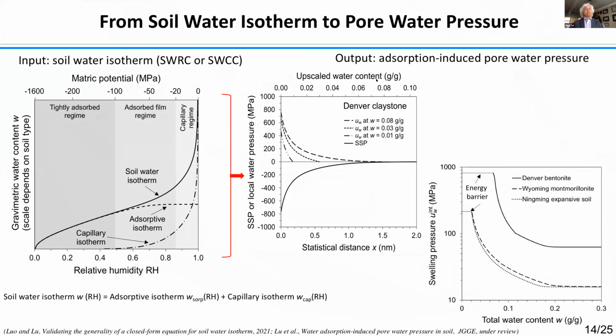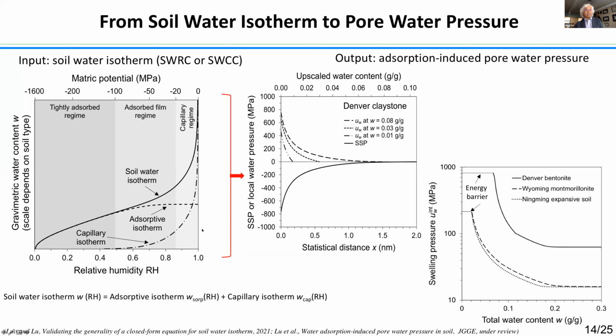Once you measure this experiment called isotherm, the soil water retention curve, the theory would divide that into two unambiguous parts, precisely the adsorption part of the isotherm and the capillary isotherm. For the capillary isotherm, you can directly use Kelvin's equation, for example, to find out pore size distribution. This is water, not using mercury or anything. So it very much reflects exactly how the water and the soil interact with each other.